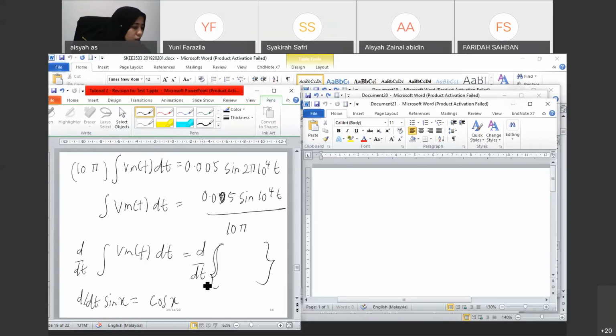So the last answer given here is 10 cos 2 pi times 10 power of 4 t. Any of you get this answer for the VMT?